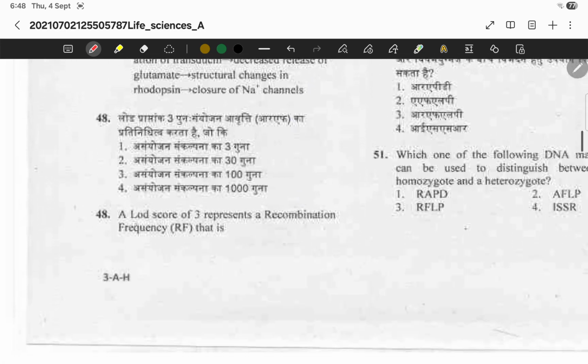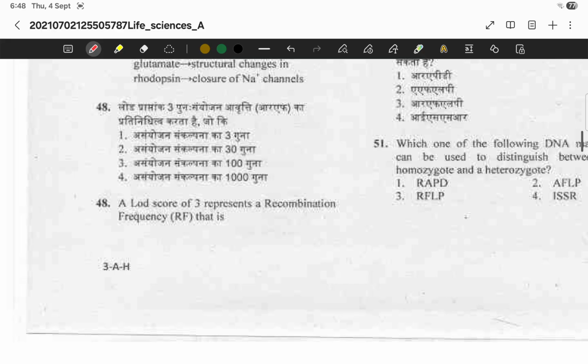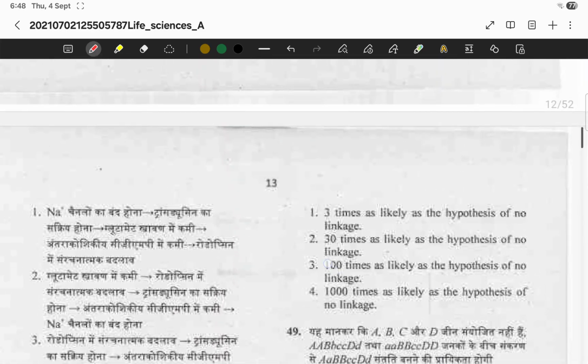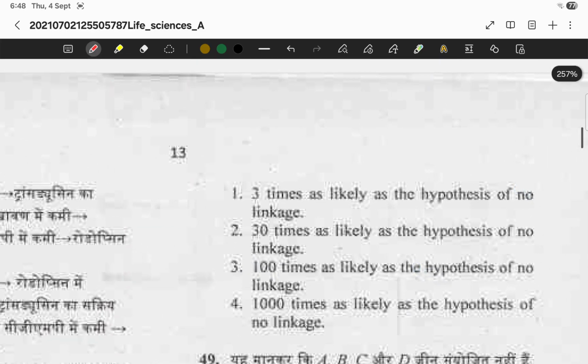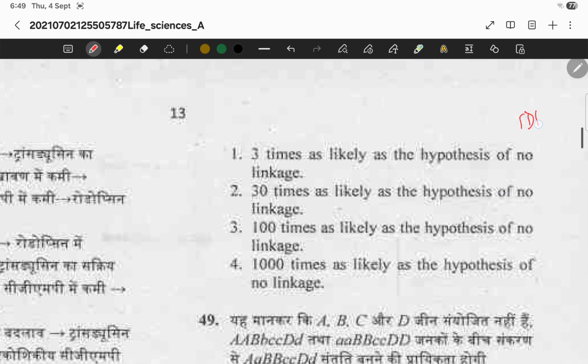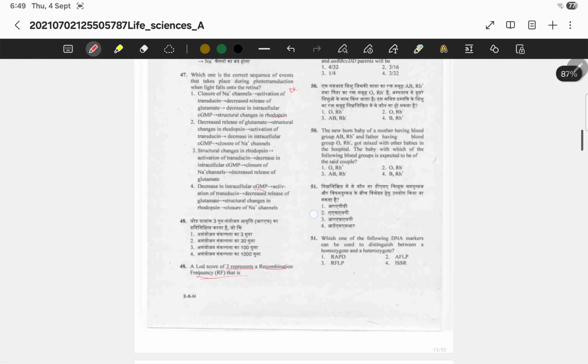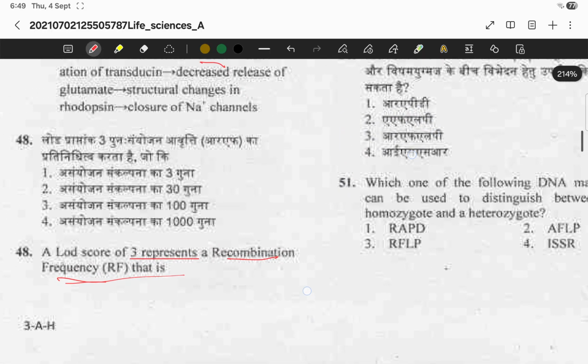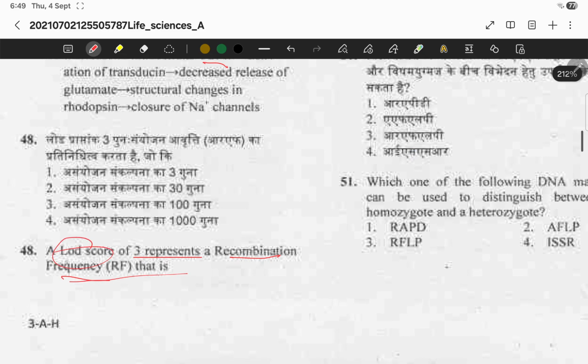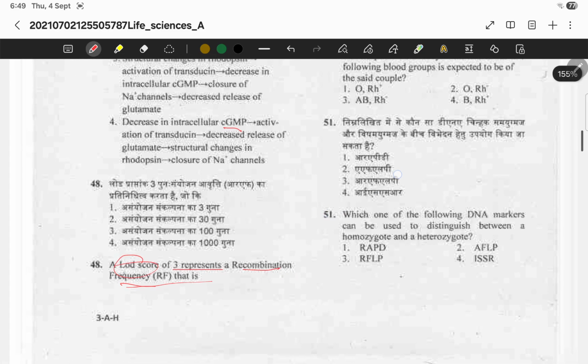No, I don't know. The LOD score of 3 represents a recombination frequency that is, I don't know what LOD is, so another IDK. 3 times as likely to the hypothesis of no linkage, 30 times, I don't know. What is LOD? I must have even read it, but I don't remember it right now.